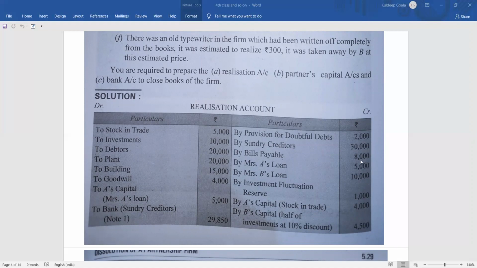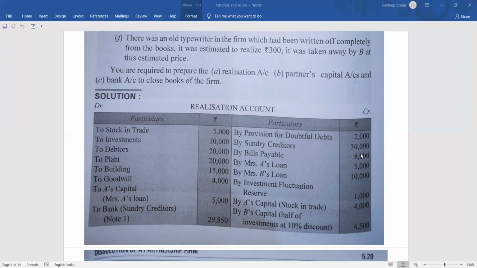And bills payable is 8,000. So it was also paid at a discount of 6%. So 6% of 8,000 is 480. So again 8,000 minus 480, it will be 7,520. So that 7,520 plus 28,200, it will be paid.